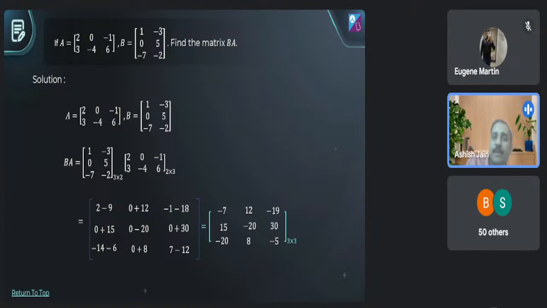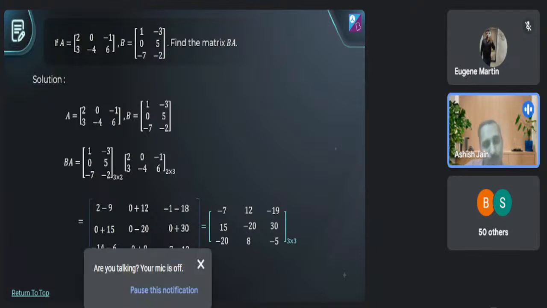The second value is first row, second column. That means I have to multiply first row elements of B with second column elements of A. That means 1 into 0, which is 0, plus minus 3 into 4, which is plus 12. So 0 plus 12 is 12.